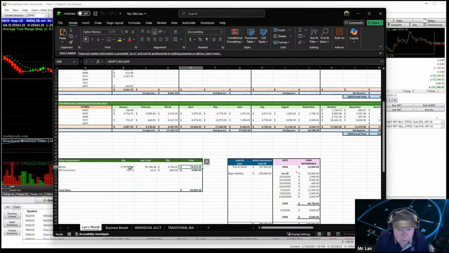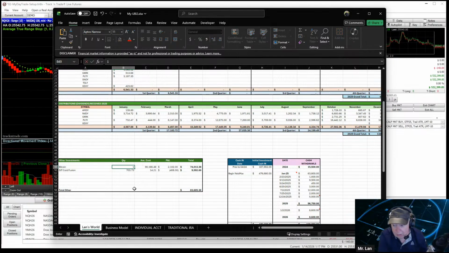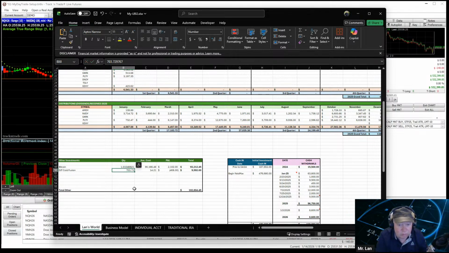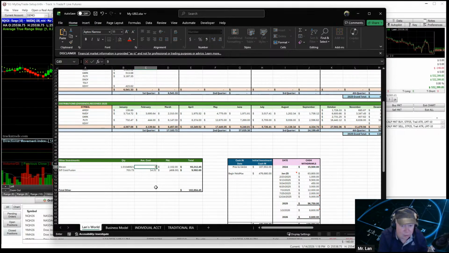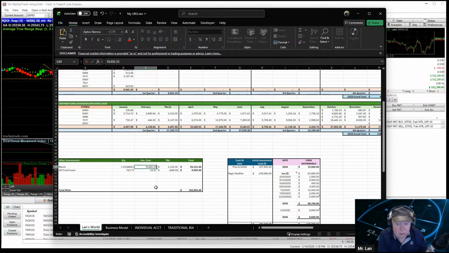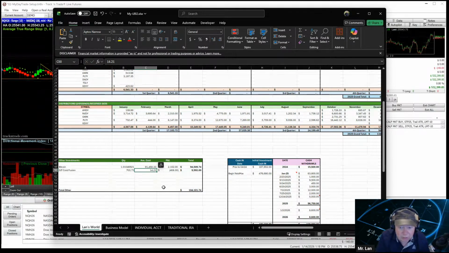So my quantity is 1.01046921. That's how many Bitcoin I have. I have one Bitcoin. And I have an average price on it. What I paid for it, average cost, I paid $91,450.33. $91,450 is what I paid for my Bitcoin.